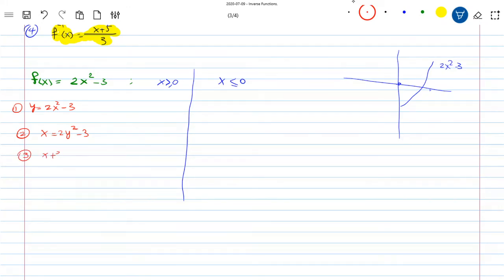So add 3: x plus 3 equals 2y squared, divide by 2: y squared equals (x plus 3) divided by 2. What is y? You should take a square root from both sides. If I take a square root from both sides, what I get is the square root of (x plus 3) over 2. Remember, when you take a square root from both sides, you should always consider the plus or minus, right? So there is a plus or minus out here.